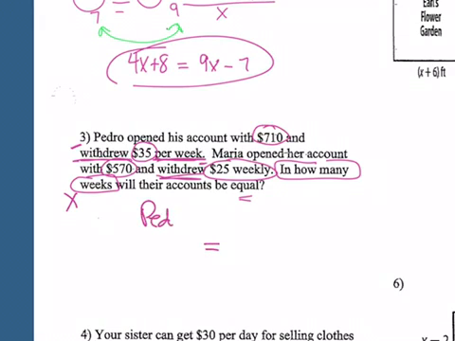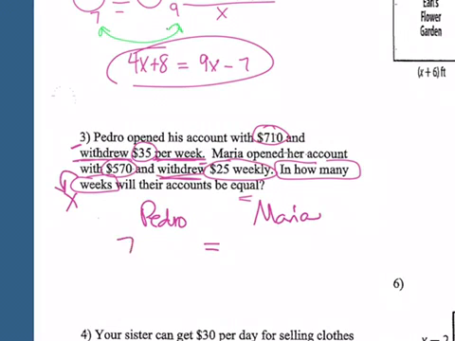So if it says how many weeks, then your variable is representing weeks. So if we're comparing Pedro and Maria, looking at Pedro's situation, he had $710, he withdraws $35 per week. So which of those two numbers should have the variable attached to it? 35 and 25. Good. So for Pedro, it should be 35 because per week, weeks I already said was what our variable should be.